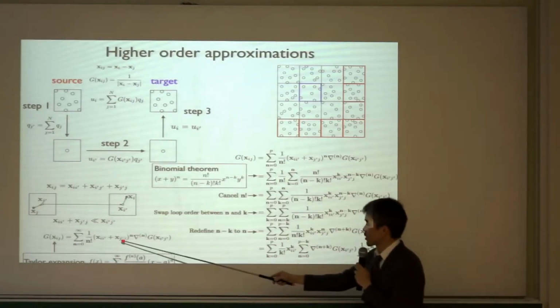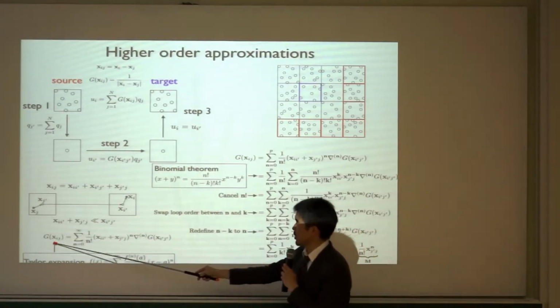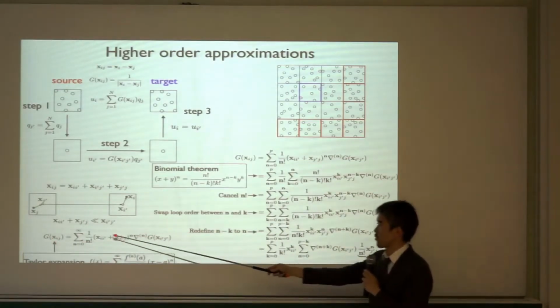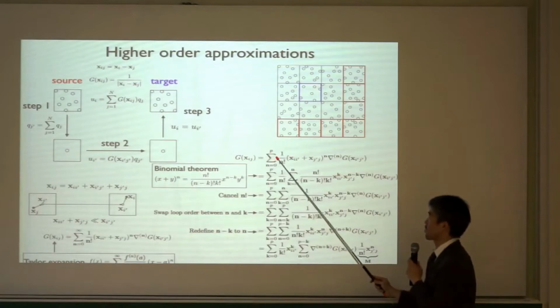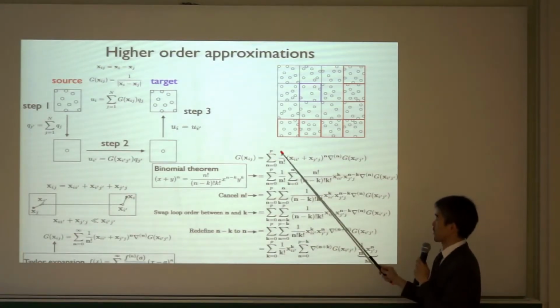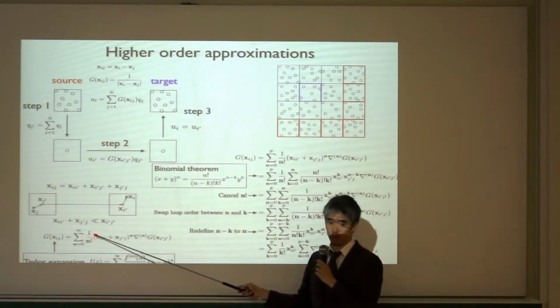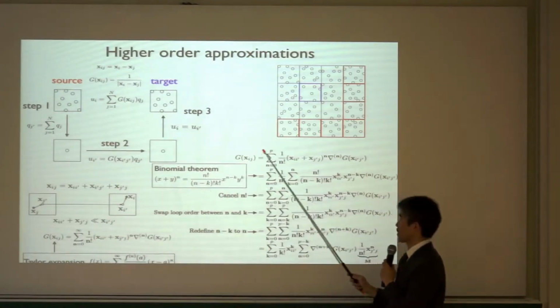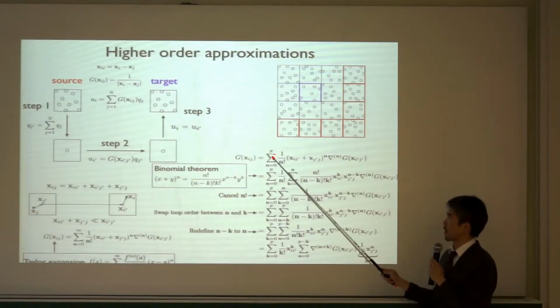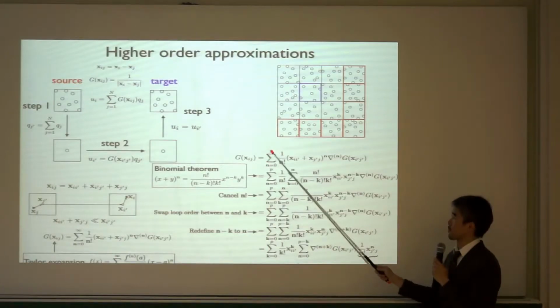So, it's the same equation as here. G and the Taylor expansion, except I changed the infinity to a finite number p. So what does this mean? It means I'm just truncating at p, because I can't do this on a computer. I can't sum to infinity. In the actual program, you need to stop at some number p.